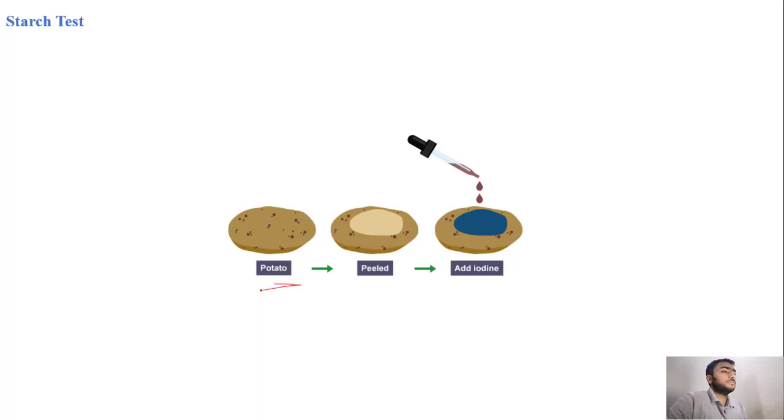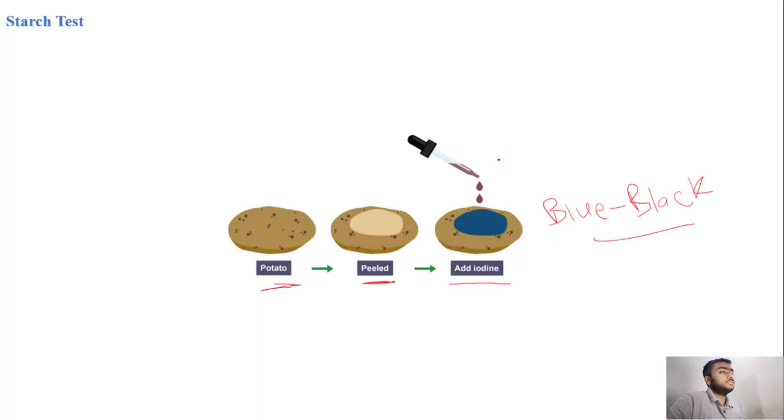So for instance, potato in this case, peel it out, because you need to open and peel the actual fruit out, and then add a few drops of iodine. You must see a blue black color. So a blue black color indicates the presence of starch.